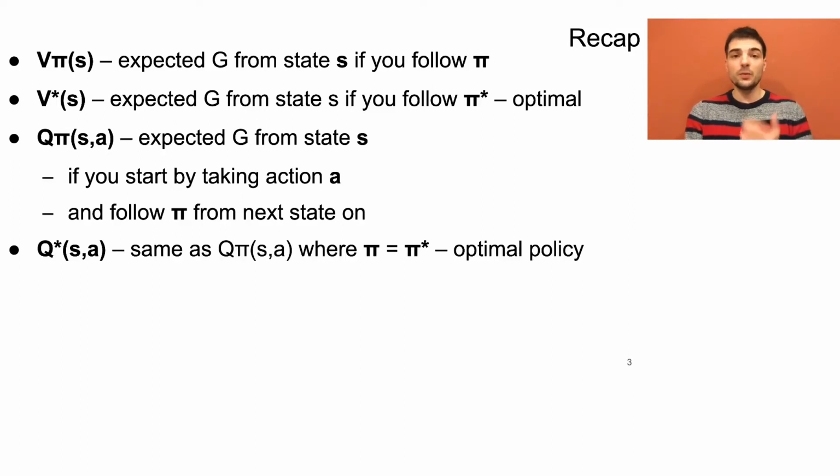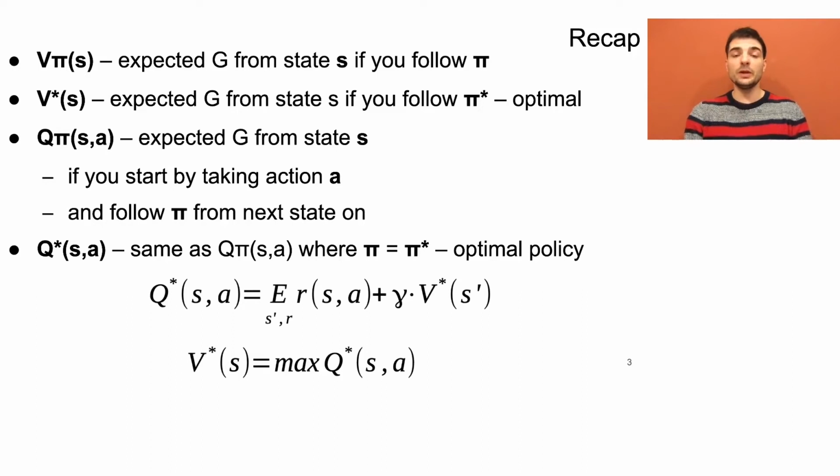The same with Q*, some kind of optimal Q function where our policy is assumed to be optimal. So optimal Q function should be greater or equal than any Q function in our environment. And we have these two beautiful equations, the Bellman optimality equations, for Q* and V*.